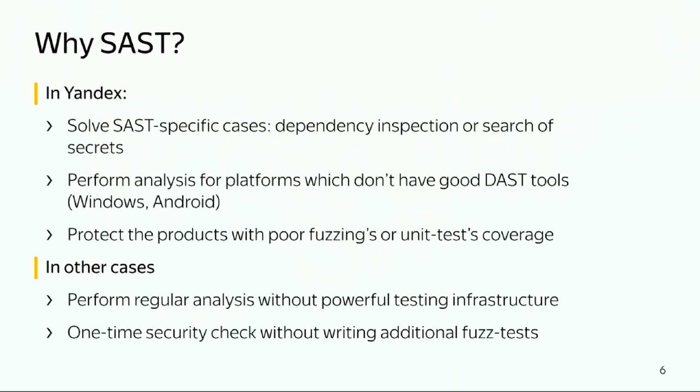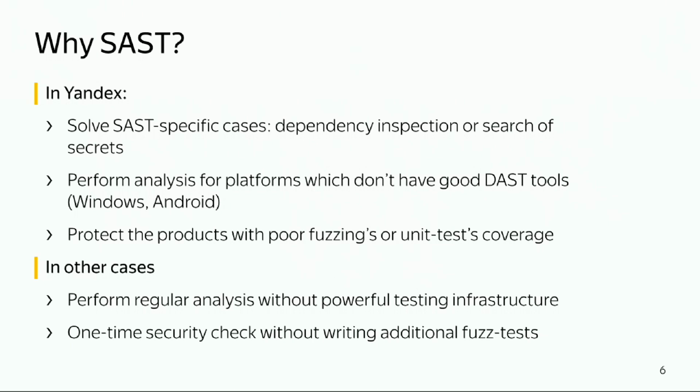Also, we have some platform-specific code, as I mentioned before, where dynamic testing is not possible or not very effective, like in Linux. Or sometimes we don't have resources to write our own fast tests, or we have a product poorly covered by unit tests.